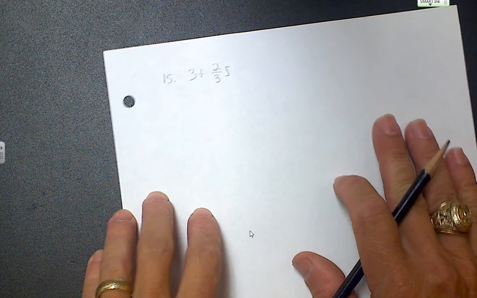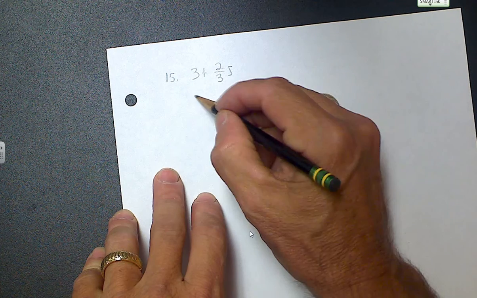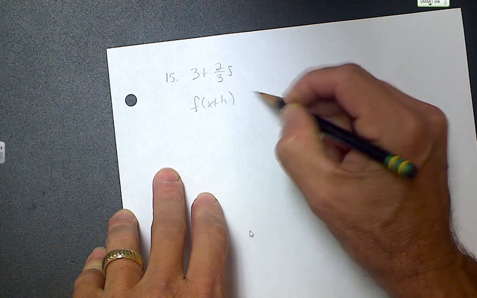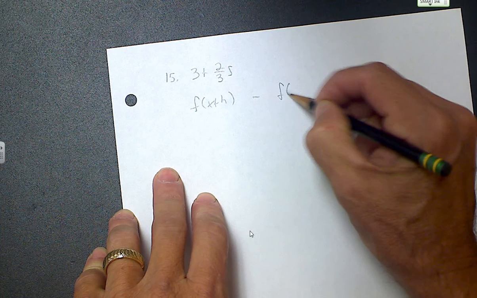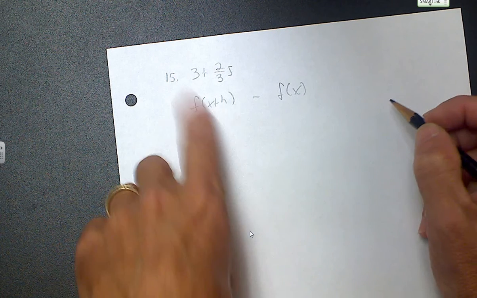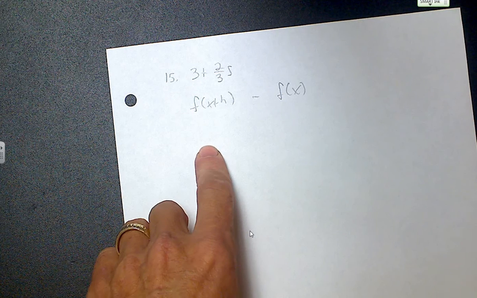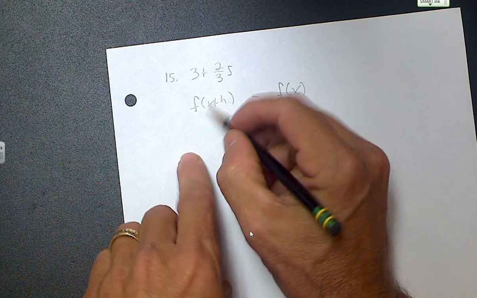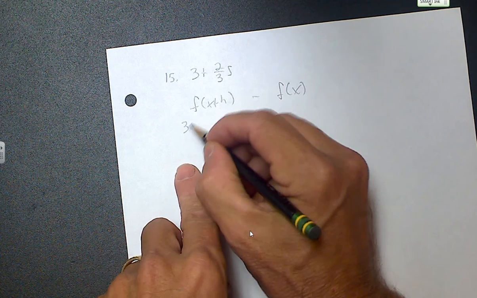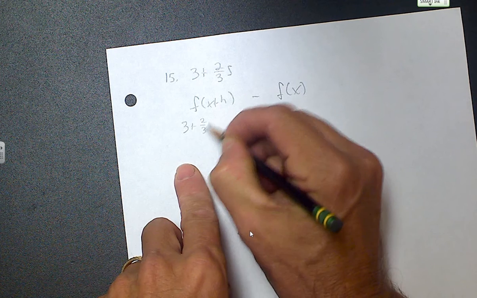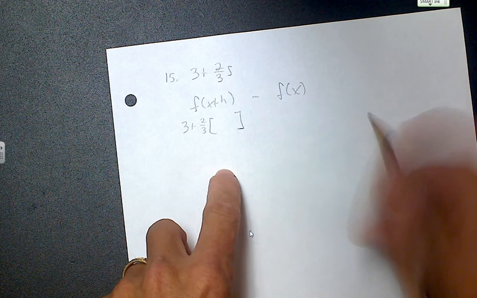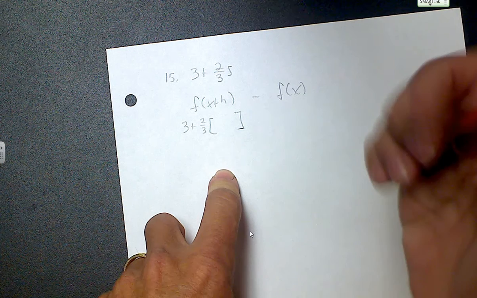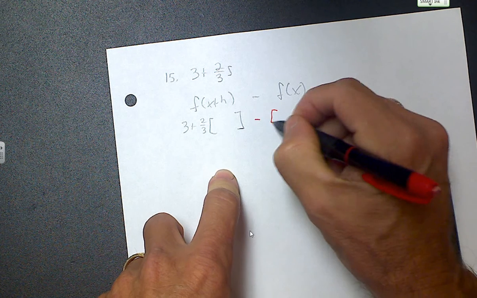Alright, so f of x plus h minus f of x. Write your equation on the left with room wherever that variable's at, minus the equation on the right, surrounded in parentheses, so you get the signs right.